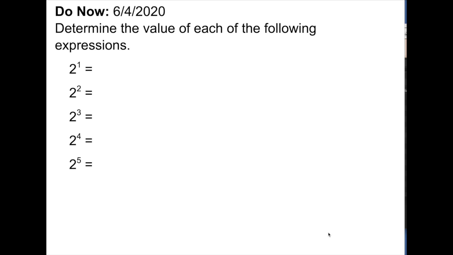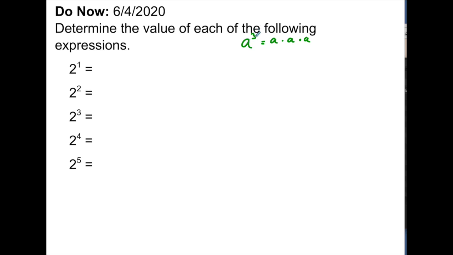This is hopefully a throwback Thursday, as you've hopefully talked about powers and expressions like this in the past, perhaps in middle school. But remember, if you have a number, let's say a, and you raise it to another number, let's say 3, that's the same thing as taking that number, that base, we call it, and multiplying by itself however many times you see in what we call the exponent.